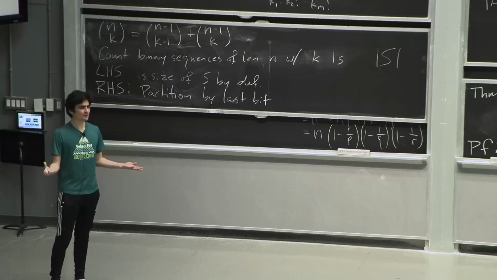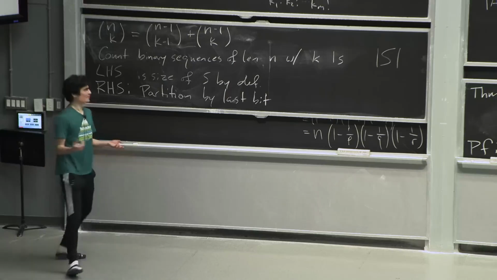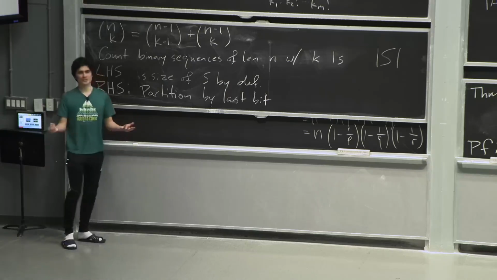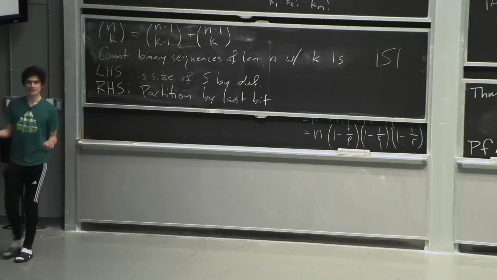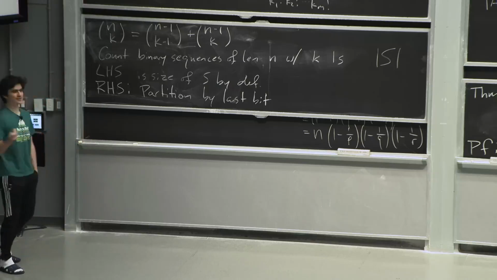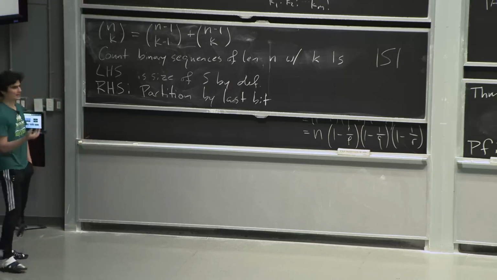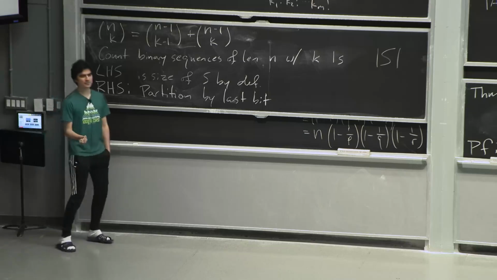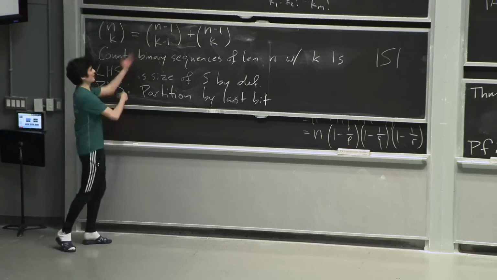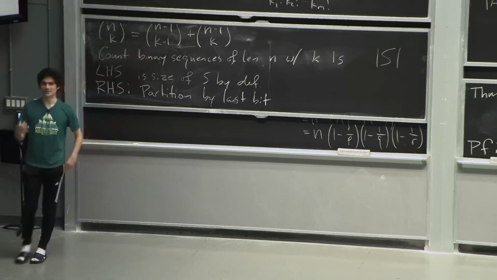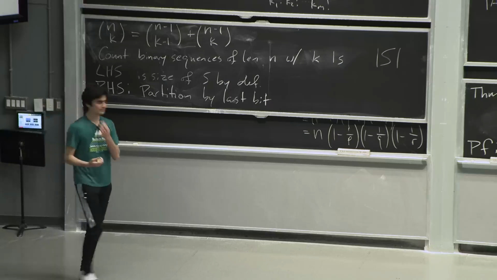It can't be both, so we've got a partition. That means we can use the sum rule. We can count each of these sets individually, and then add their sizes together. That'll give us the size of our original set.